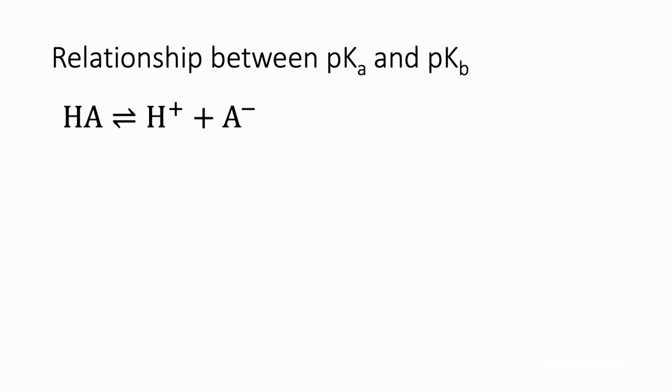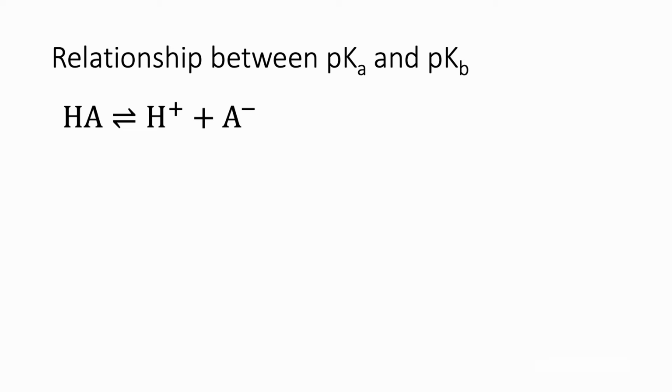So now what we're going to talk about is a relationship between the pKa of an acid and the pKb of that acid's conjugate base. So for a generic acid, here's the acid dissociation reaction. The conjugate base of that acid is A minus.